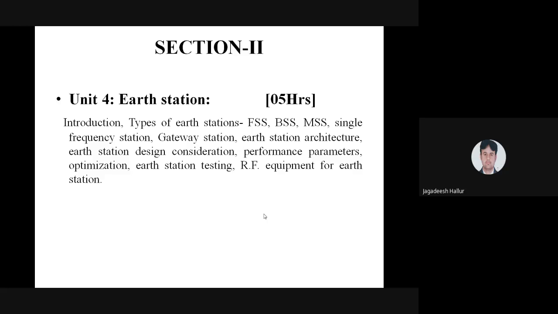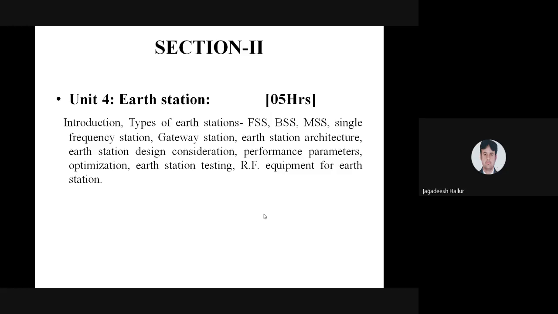Similarly for these frequency bands, we are going to use a bandwidth. A particular bandwidth will be allocated to each frequency band. The C band bandwidth is 36 megahertz. The frequency will be measured in gigahertz or hertz, and the bandwidth is in megahertz.